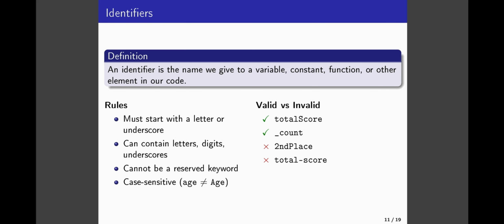Then we have identifiers. We actually name things in our code. An identifier is the name we have given to a variable, constant, function, or other elements in our code. There are some rules to follow when we are giving a name to a particular thing in our program. An identifier must start with a letter or an underscore. It can contain letters, digits, and underscores. It cannot be a reserved keyword. We will discuss what a keyword is: predefined words in a programming language.